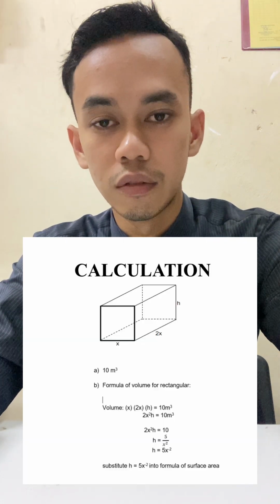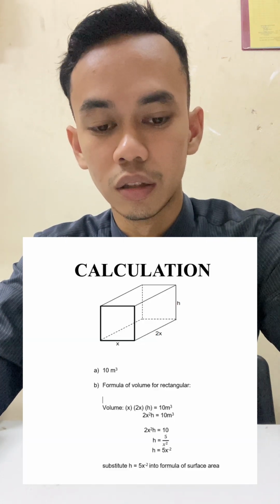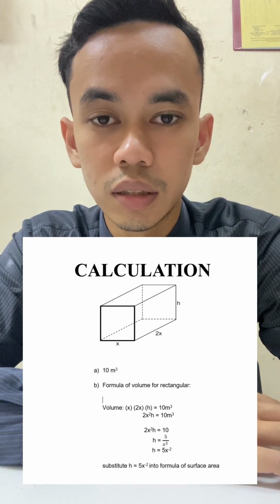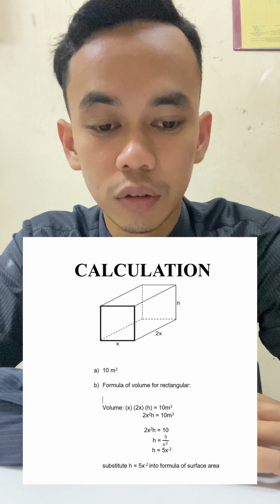So for the calculation, we choose the cuboid with rectangular base for our shape to design the water container. We already set our own volume for the container, which is 10 meter cubic. The next calculation is the volume of the container.